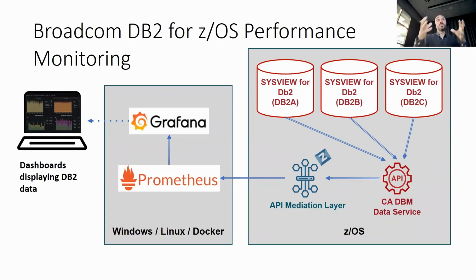Then on the open source side, which is the smaller box on the left hand side, you've got Prometheus that retrieves and stores these DB2 metrics, and then you've got Grafana that visualizes the collected DB2 statistics.